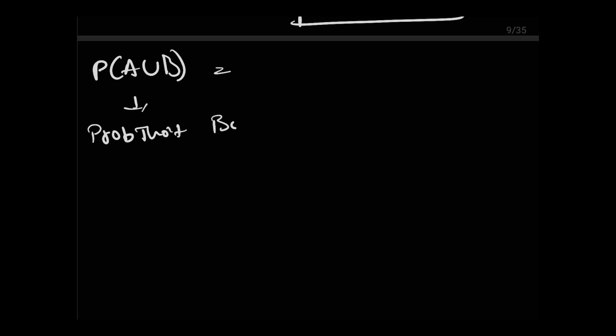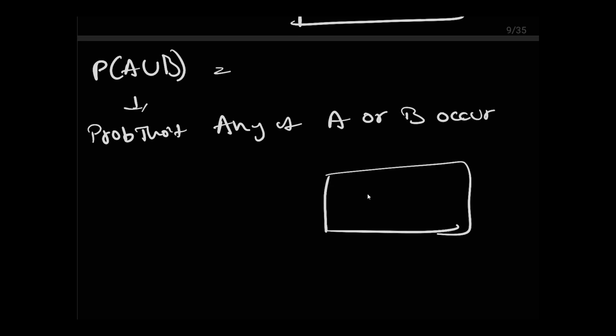Similarly, for probability of A union B, it means any of A or B occurs. I will write here the probability that any of A or B occurs will be the shaded part.